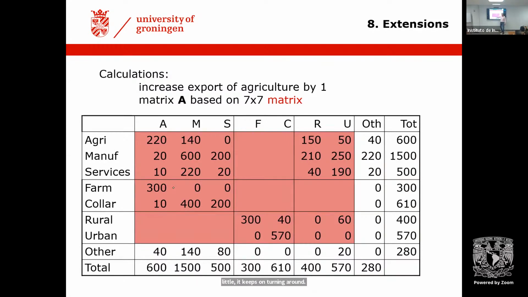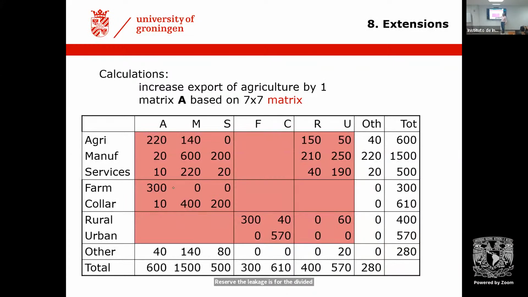And if it keeps on turning around a lot, that is exactly the difference between a SAM model and an IO model. So it keeps turning around a lot if there is no leakage. The leakage is here. Observe, the leakage is divided by 600.